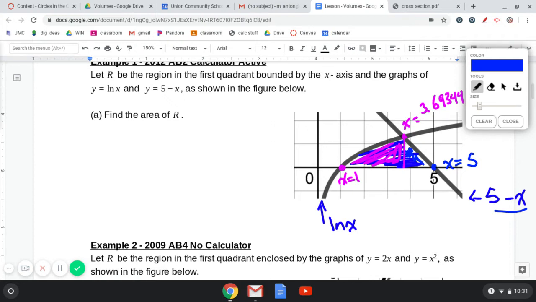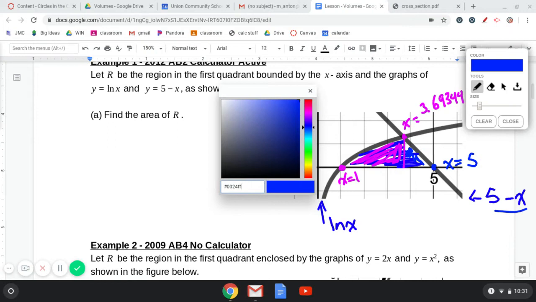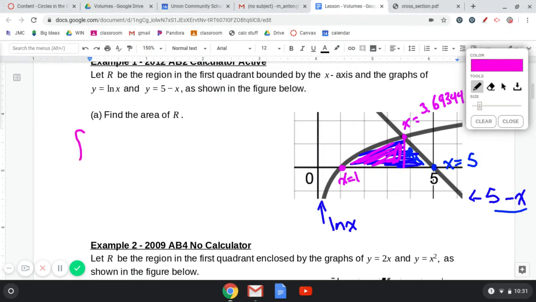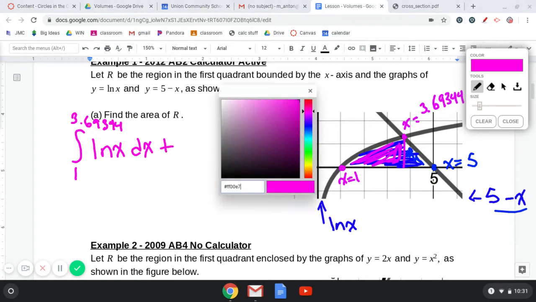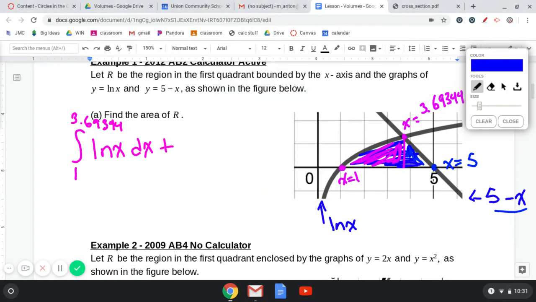So we are going to find the area of this region R, which is the area of this pink region, which is the integral from x equals 1 to x equals 3.69344 of natural log of x dx plus the integral of the blue area over here, which is the integral from 3.69344 to x equals 5 of 5 minus x dx.